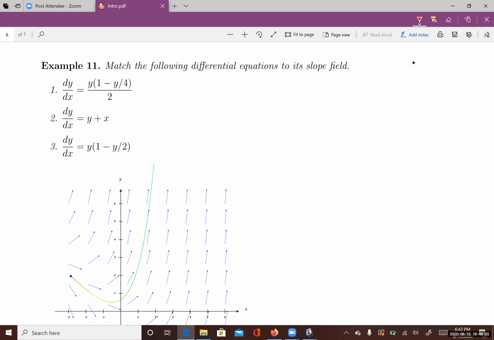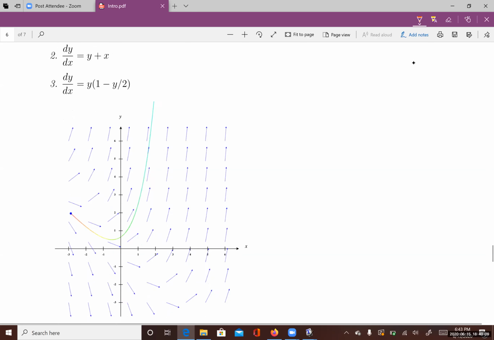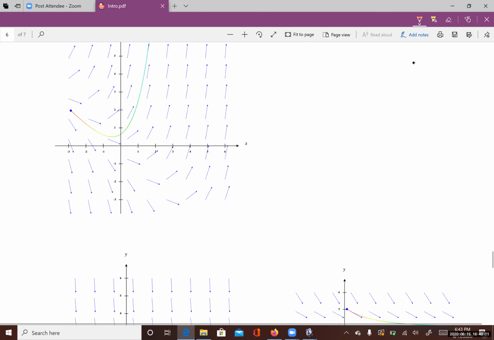All right. Now, if we want to do an exercise, this is a matching problem. You're given 3 different direction fields here, and you want to match each direction field to its differential equation.